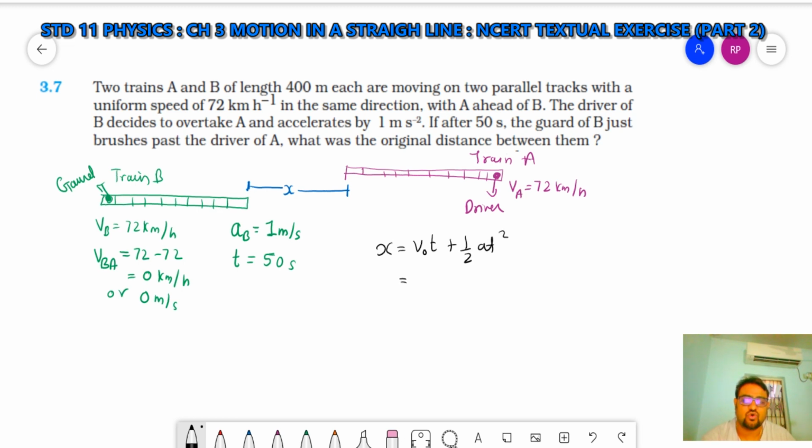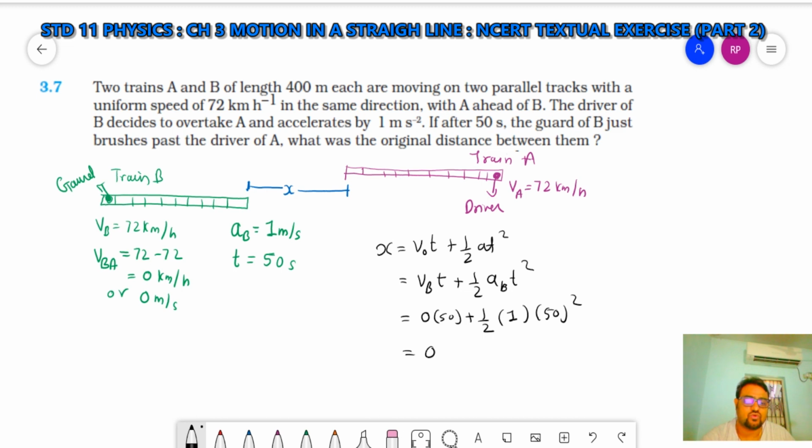So what is v0? v of B with respect to A, t plus half a of B t square. So 0 into time 50 plus half, what is the acceleration? 1, and t square is 50 square.